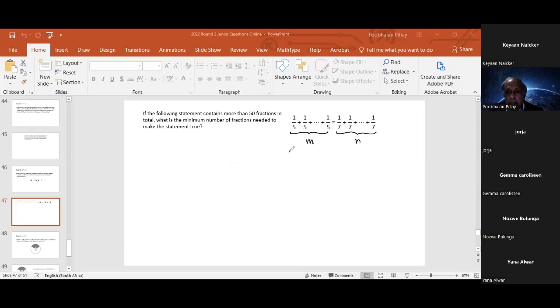So we don't know how many 1/5s there are, or how many 1/7ths. And we also know that the total number, M plus N, is greater than 50, because it contains more than 50 fractions. And you want to know the smallest.